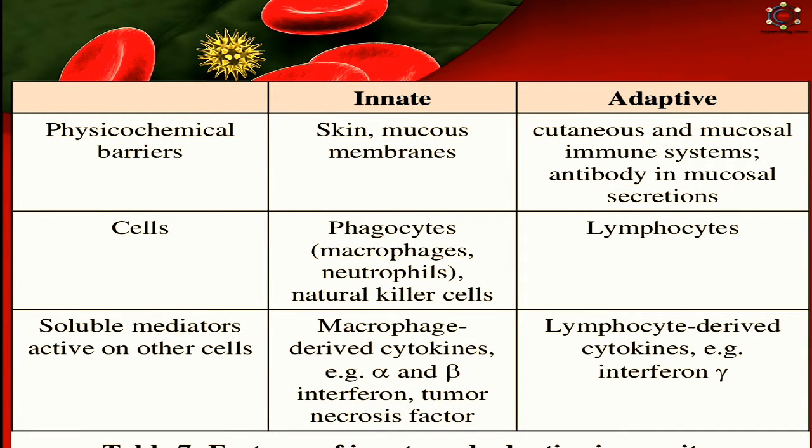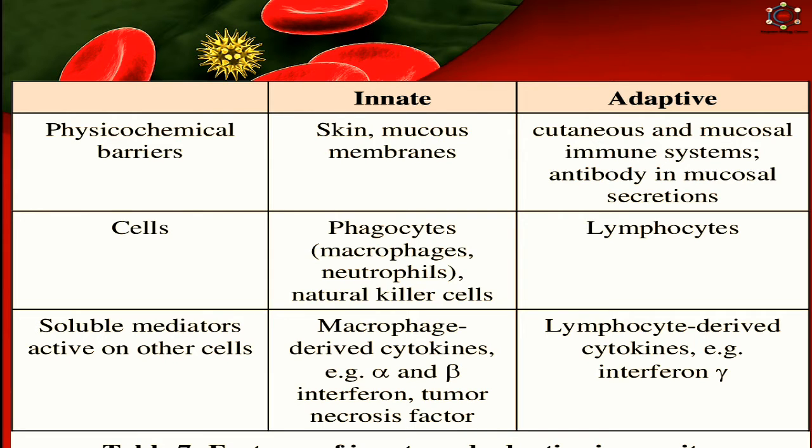Now, here you can see that in case of innate and adaptive, the physiochemical barriers are skin and mucous membranes in innate immunity, and cutaneous and mucosal immune systems, antibodies in mucosal secretions in adaptive immunity. According to the cells, phagocytes like the macrophages, neutrophils and natural killer cells are present in innate immunity and the lymphocytes are present in adaptive immunity.